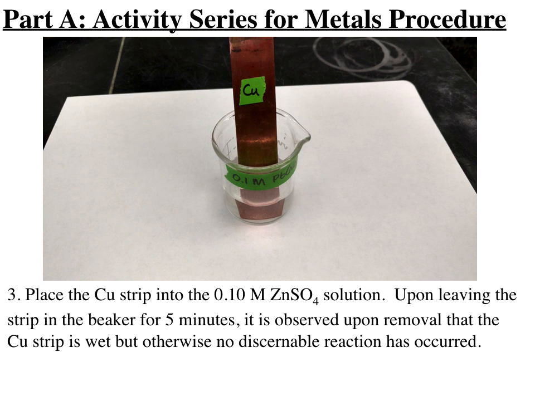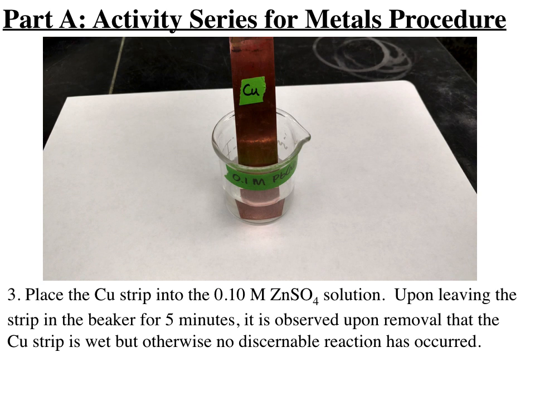Now let's place a strip of copper down into the solution of zinc sulfate. So we sit the copper strip down in there, we let it sit in there for say 5 minutes, and when we pull it out, yeah, sure, it looks a little bit wet, but all it does is look a little bit wet.